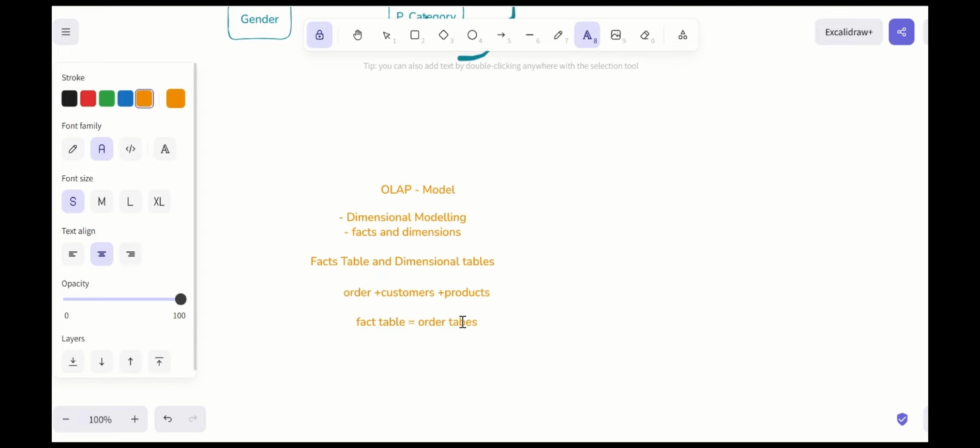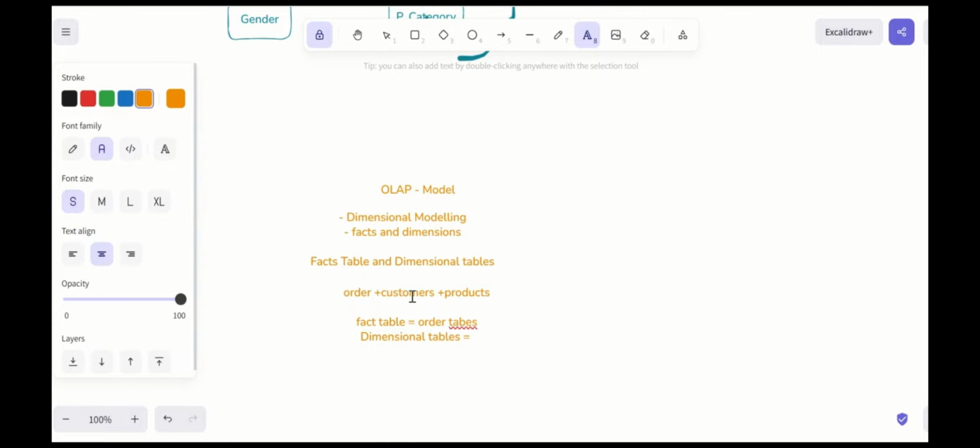And the dimensional tables here. As I've told you, dimensional tables provide more context. For example, the customer table will contain the descriptions or context of the customer.